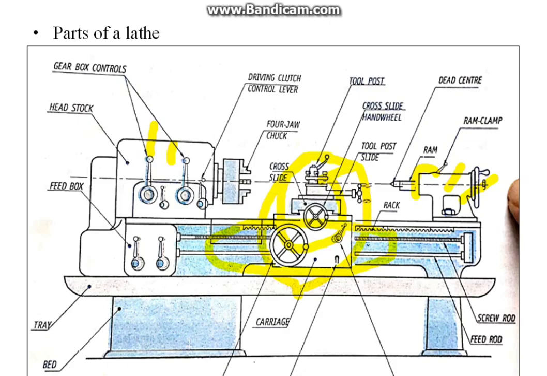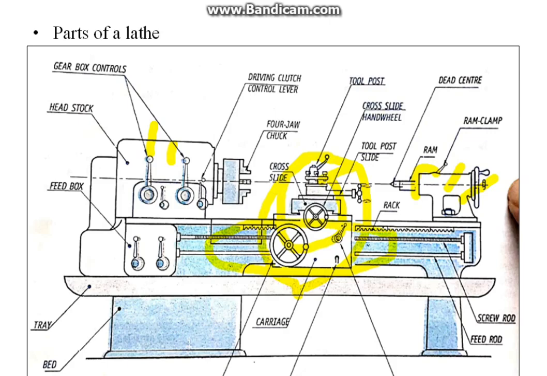The material used for the bed should have the following properties. First one, it should have high compressive strength. High compressive strength means even though much load is applied on the bed, it does not deform.